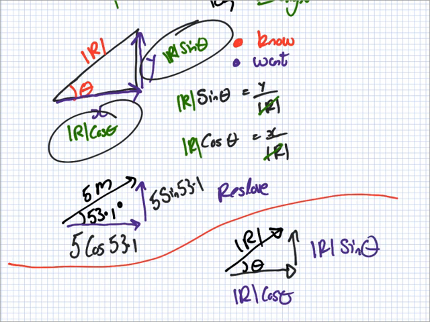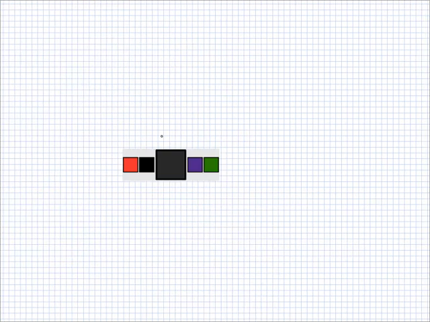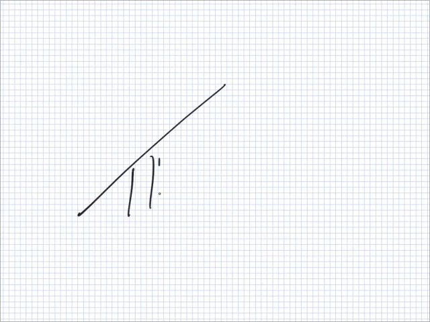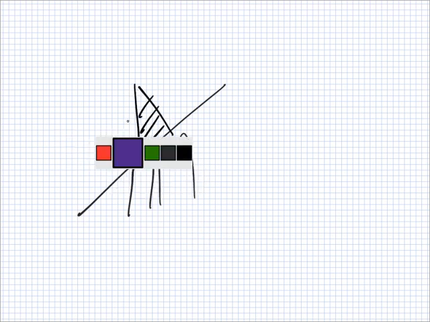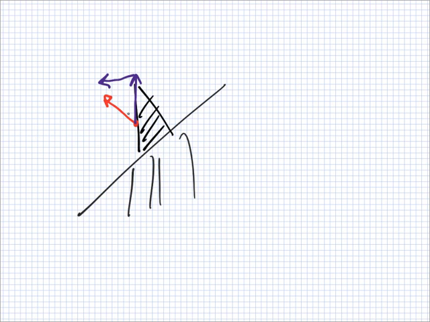And the quick way to remember this is the side that touches the angle, that's always the cos. Because sometimes what you have is something like this. You might have in physics this thing, and then a vector here, and then I might ask you to resolve, and you're saying, oh my goodness, which one's the cos and which one's the sine?